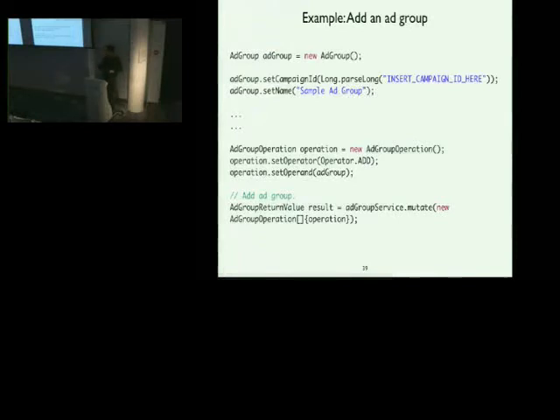An operation has two components, an operator and an operand, or a set of operands. Here I'm saying the operator is add, and the operand is the ad group that I want to add. In the last line of code, I call the mutate service, and I pass to it an array of operations. In this case, there's just one operation, but I could pass multiple operations over here.